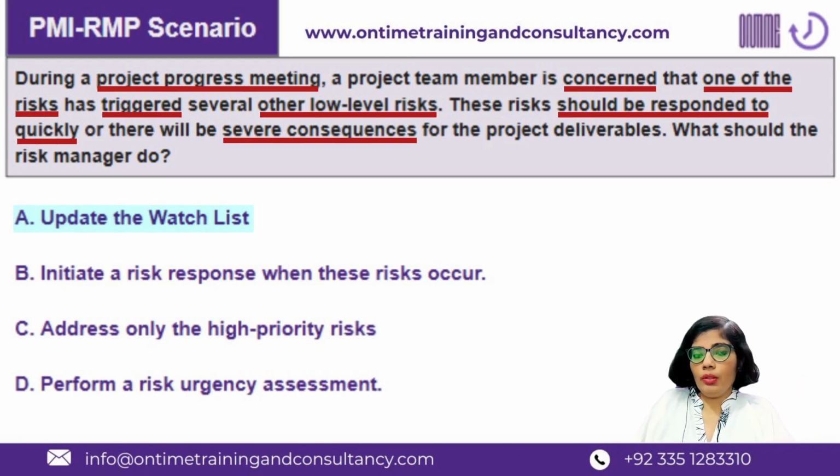So they are not low priority anymore and accordingly they would be moved from the watch list to the risk register, and the watch list would be updated. However, this is not the answer to this situation. The answer is something different.